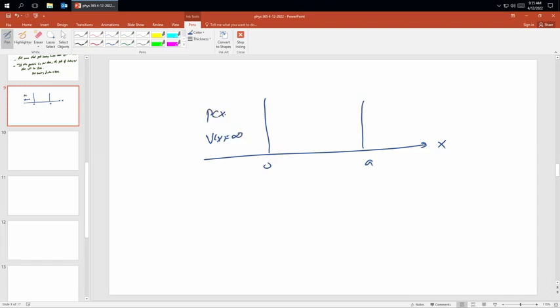That means your probability of finding a particle over there is 0. Your wave function is going to be 0. Same thing on this side. Over here, your V of x is going to equal to 0, because there's a particle. Your psi of x is not going to equal to 0.